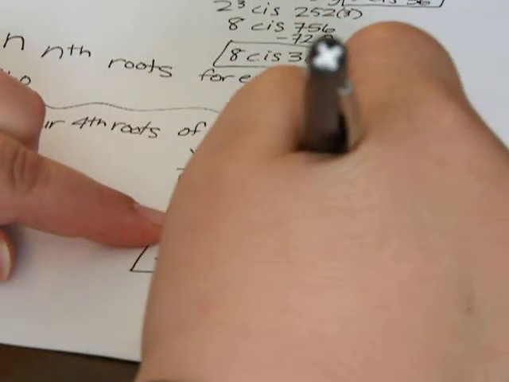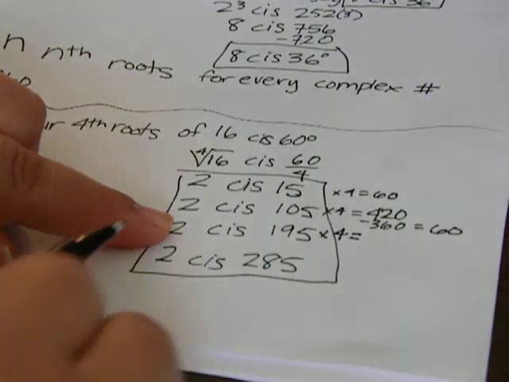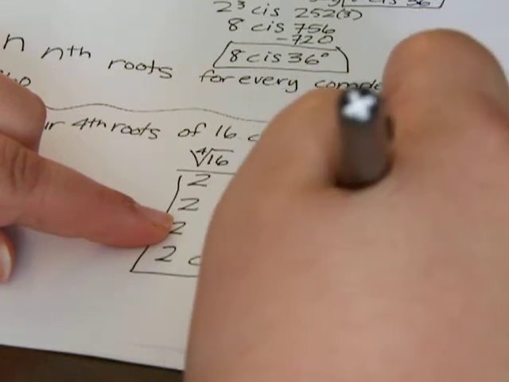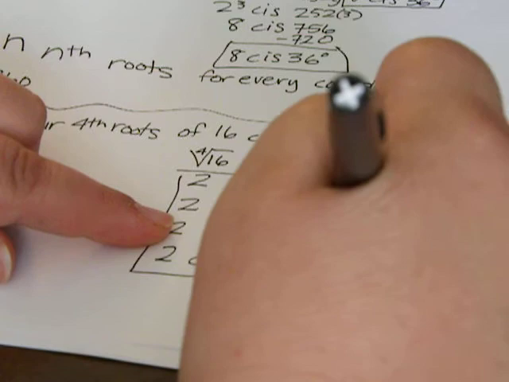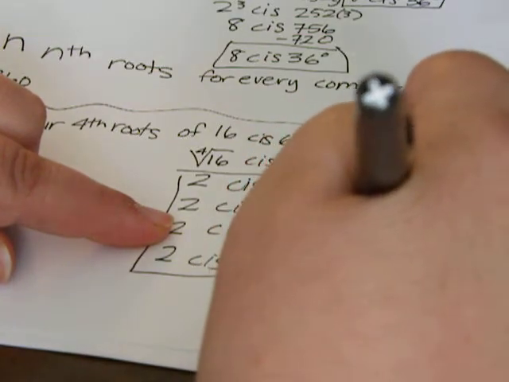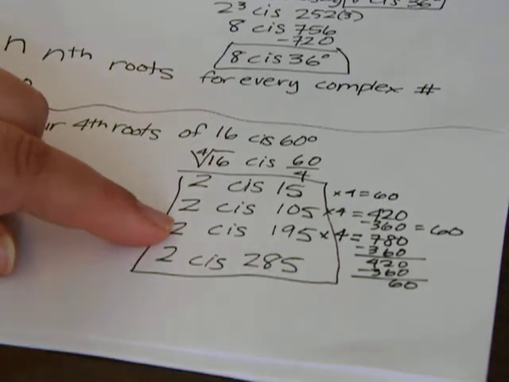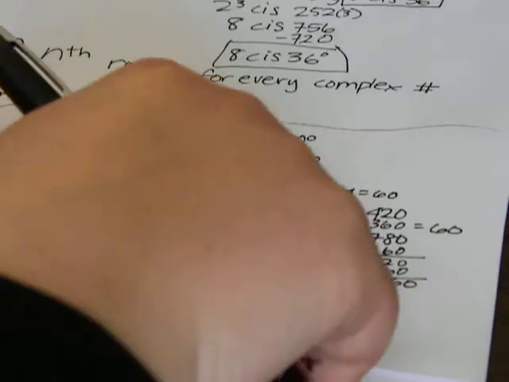Okay, if I multiply 195 times 4, 195 times 4 is 780. I can subtract 360 from that, and I get 420. If I subtract 360 from that, I get 60, which is what I wanted. So I'm just going around that circle to the same point until I get down to 60.